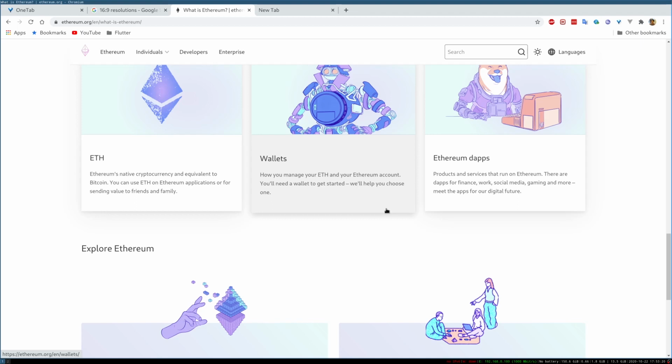But there's a second type of address, and they are contract addresses. You probably heard about smart contracts. The term is quite popular, and I think it's very important to understand exactly what that means.